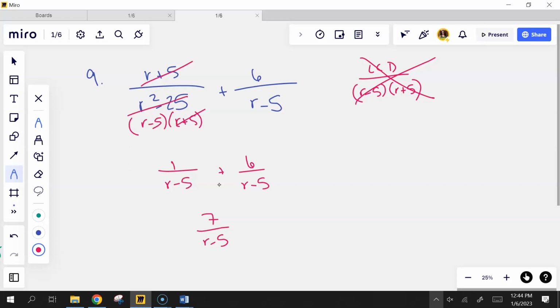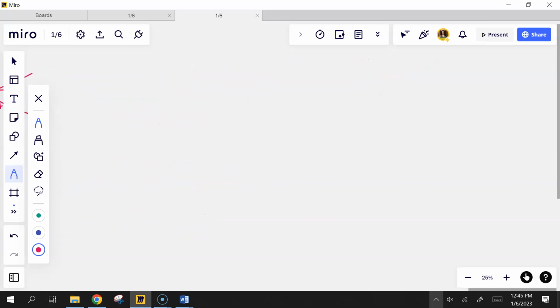Let's look at number 10. 10's a better one. 5a plus 6 over a squared minus 4.